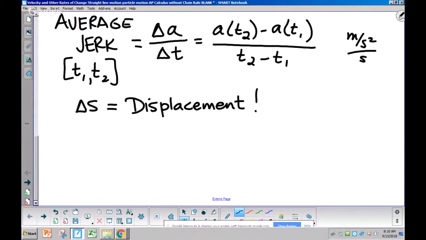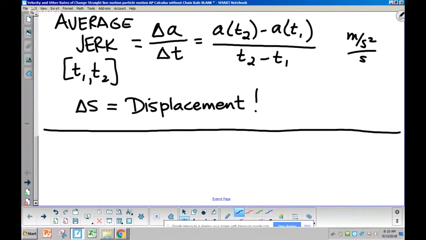So all this talk about motion, how do we know when something or a particle or a body is stopped? When the velocity is equal to 0.